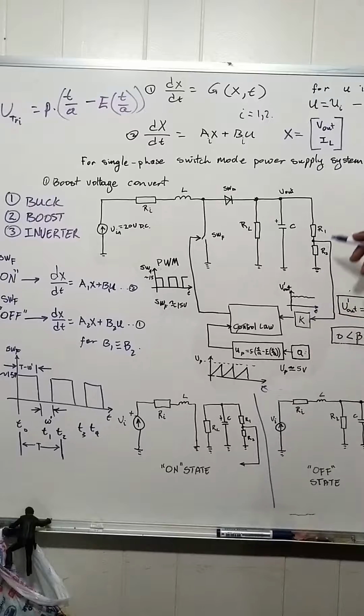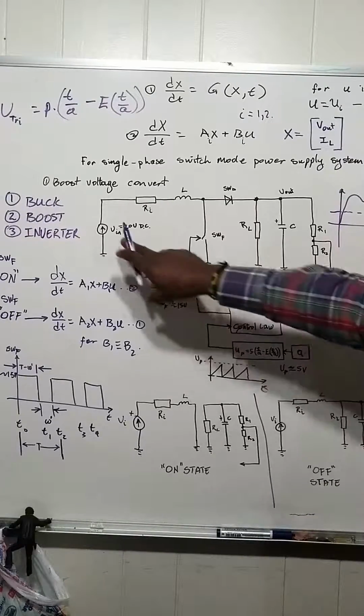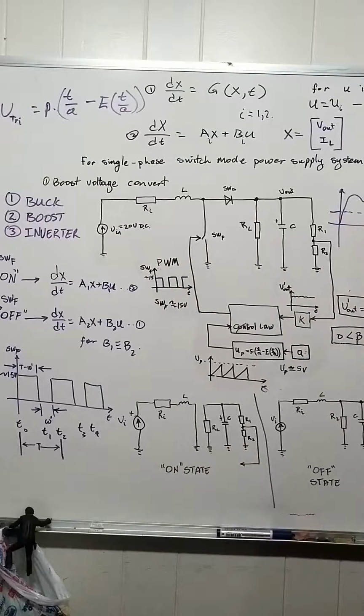The output for this resembles this shape, where this would be your output voltage, Vout, which is greater than Vin. This would be an estimate of Vin, where there's a difference for this one, right? So what we have here is that the output is greater than the input, hence boost voltage converter.